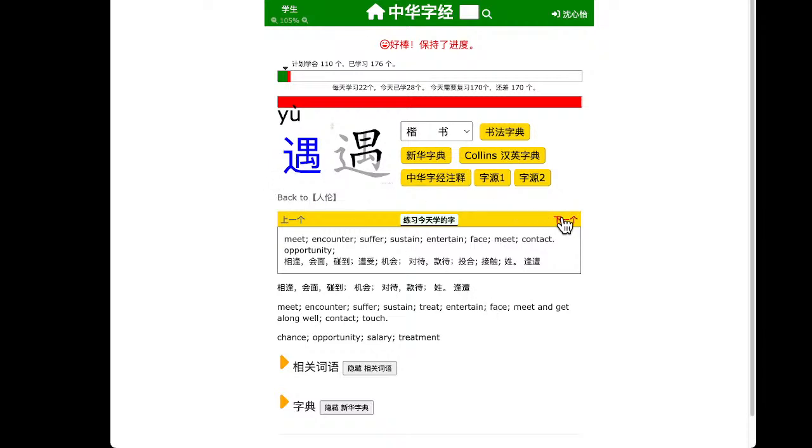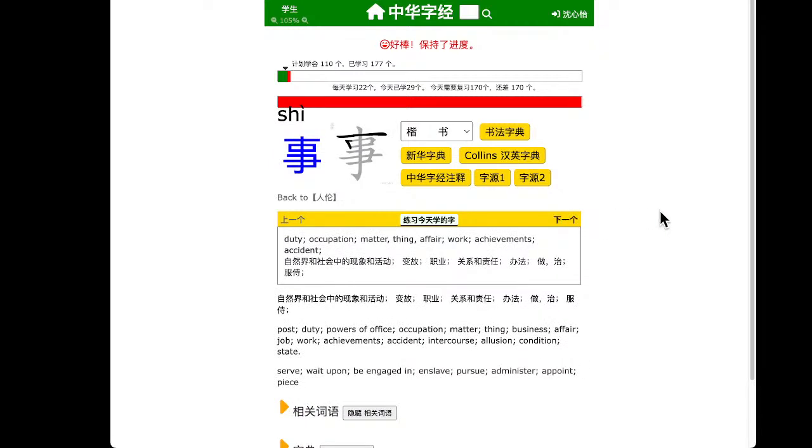遇, if you look at the word, the bottom left part is the walking radical, for journeying. So it's like on the journey of life, you encounter people, things, events. 事 is extremely commonly used and rather general.